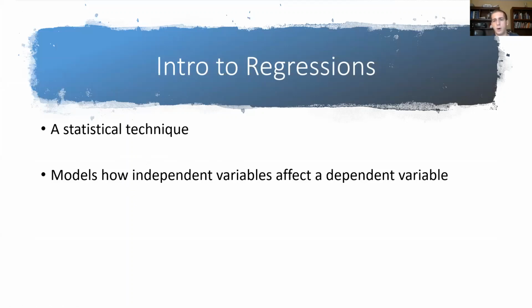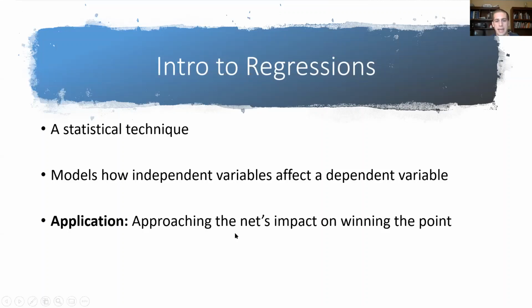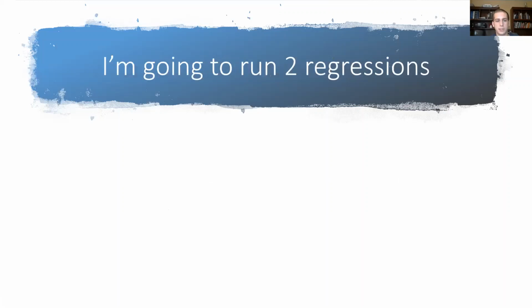In this case, if you want to figure out how approaching the net affects your odds of winning the point, a regression is a great technique because it's designed so that it can account for confounders. Just comparing raw win probabilities can't account for confounders. Regression analysis can. So we are applying regressions to our main question of trying to figure out what impact approaching the net has on you winning the point.